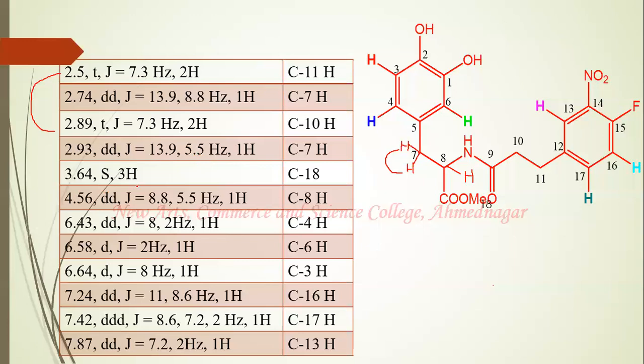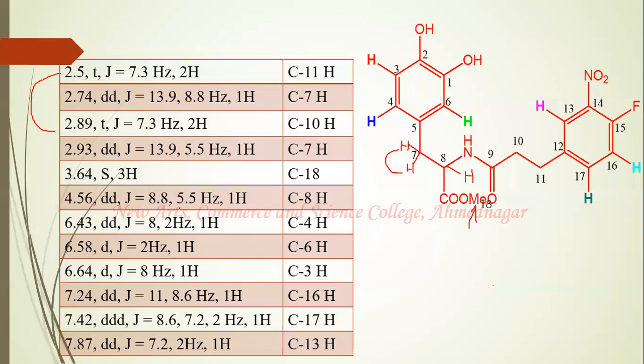3.64 singlet for 3 protons will be because of this C18 methyl group, because it is a methoxy ester, COOMe ester methoxy is there, and so the delta value is 3.64. Next signal is 4.56 doublet of a doublet. J is equal to 8.8 and 5.5 Hertz. We have seen these coupling constant values in the signals of C7 protons.